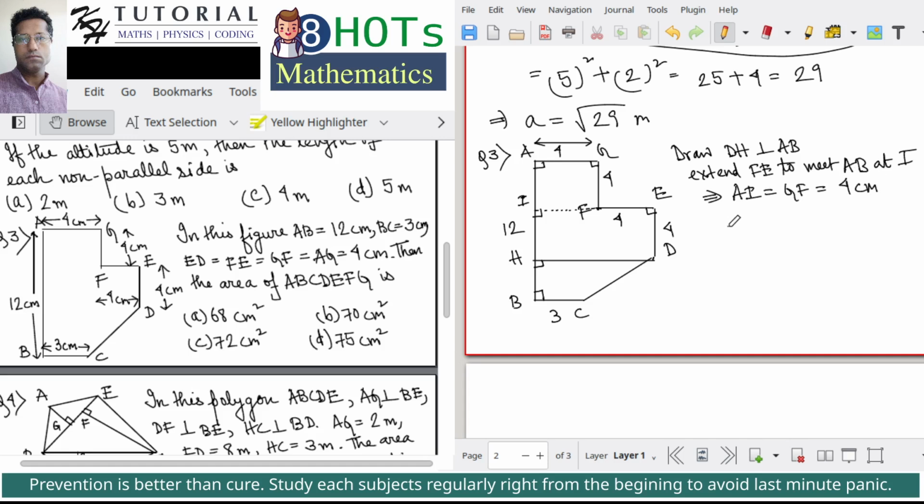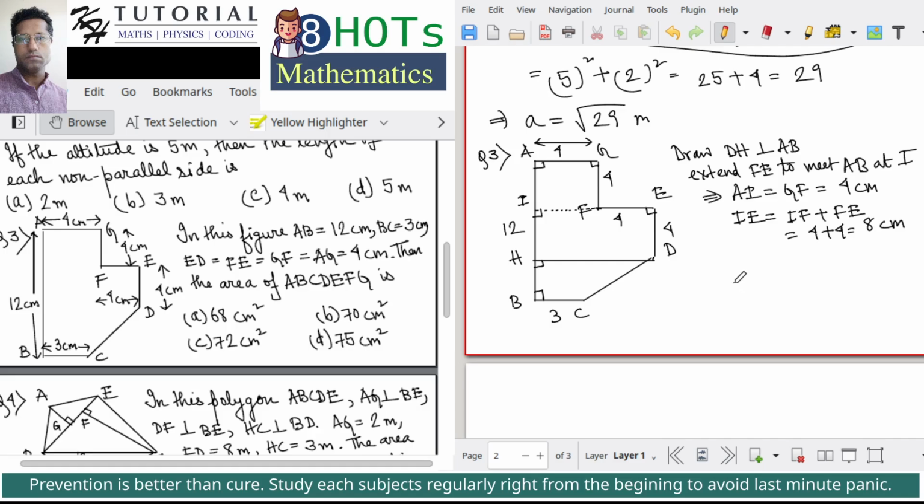Okay. Also, what will be IE? IE will be equal to IF plus FE, which is equal to 4 plus 4 equal to 8 centimeter. IE is equal to 8 centimeter.